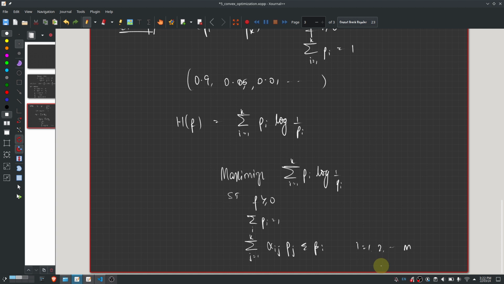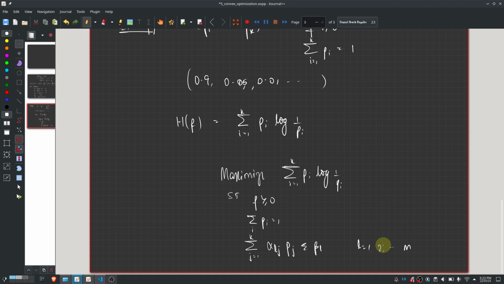Variance, I'll come to that. Maybe I should use a different symbol here. Let me call this alpha_lj p_j less than or equal to beta_l for l equal to 1, 2, 3 up to m. So I have m different constraints that I need to satisfy.